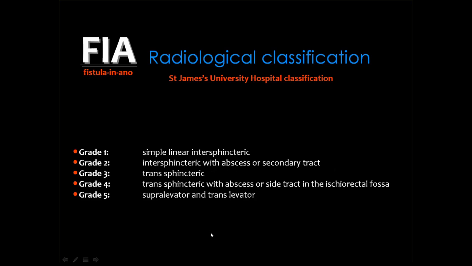Then the simple transsphincteric fistula is grade 3. If the transsphincteric fistula is associated with abscesses or side tracts, this is grade 4. The suprasphincteric, the supralevator or translevator, is grade 5.